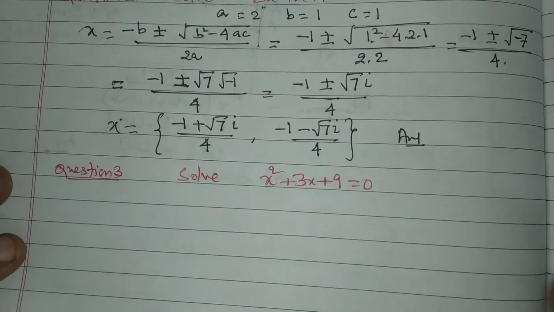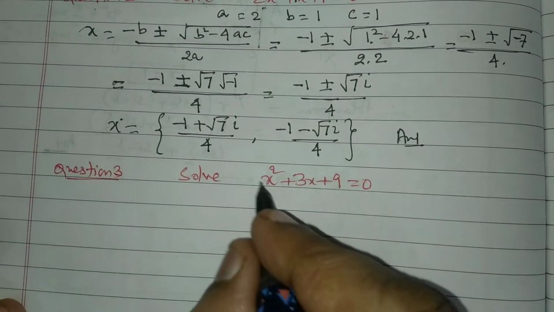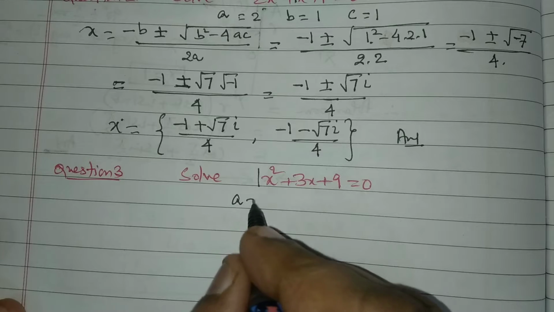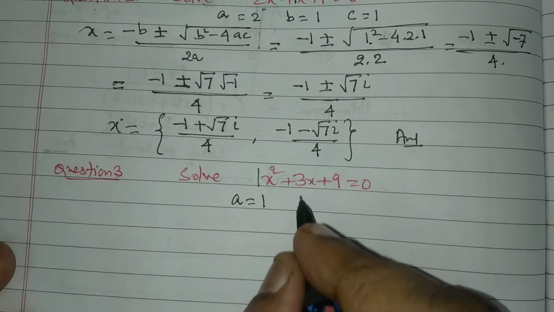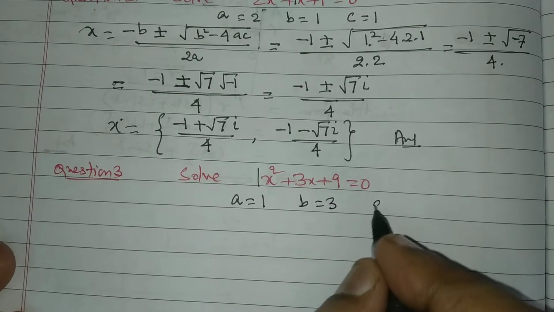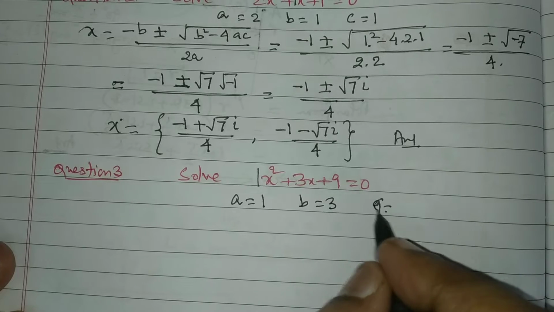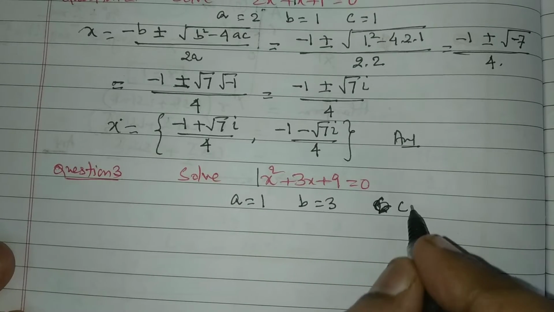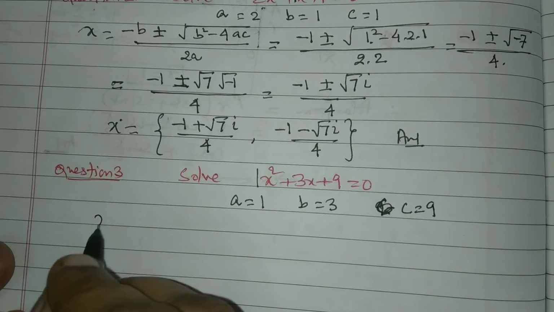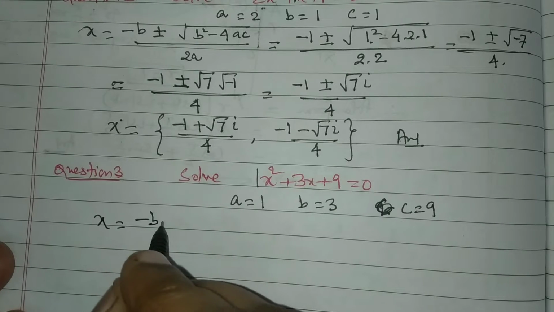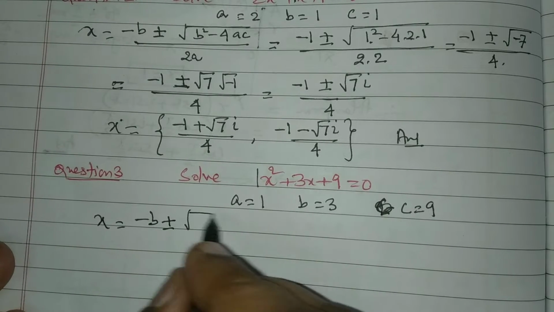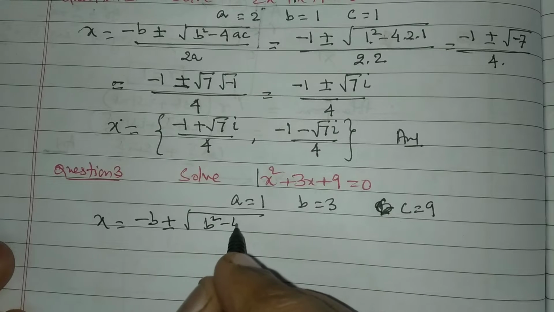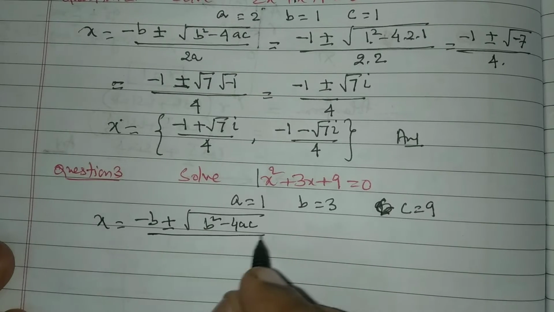Now the next is a similar type of question. Here the coefficient of x square, a is 1, b is equal to 3, and c is equal to 9. Now x will be minus b plus minus root under b square minus 4ac divided by 2a.